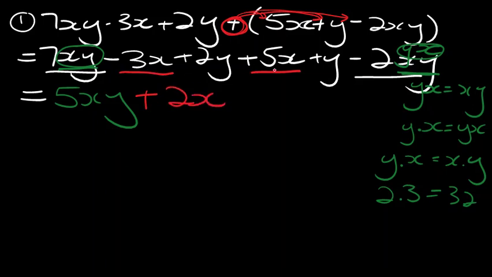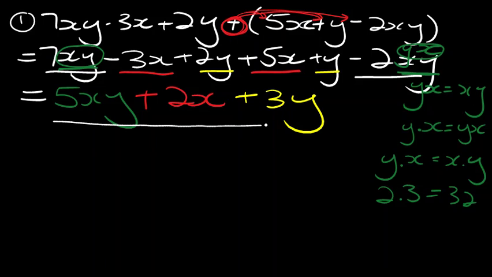And let's look at the y's. Plus 2y plus y will give you plus 3y. Okay, so now we sit with the final answer, because we can't add these terms because they're not like terms. Their variables are not the same.